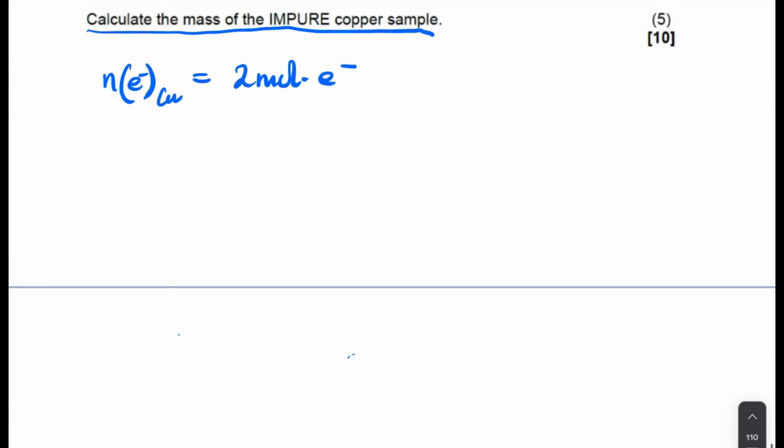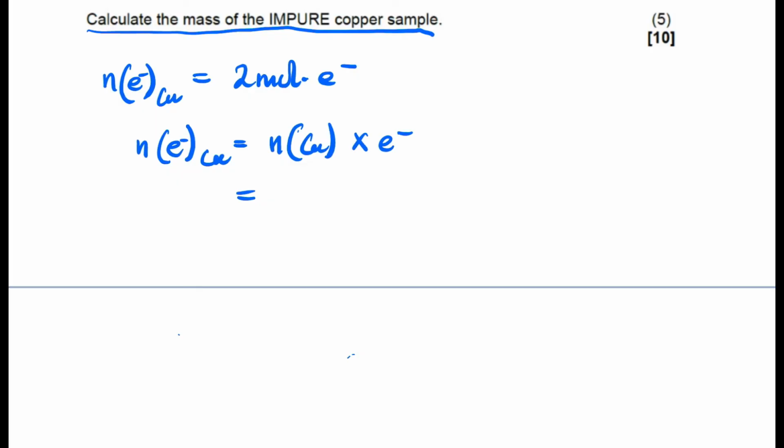So what are we going to do? Normally, the number of electrons is equal to the number of moles of copper times the number of electrons per copper. We have the 2 moles of electrons, and we want the number of moles of copper.